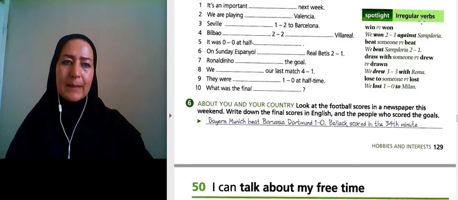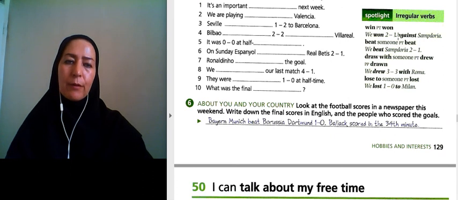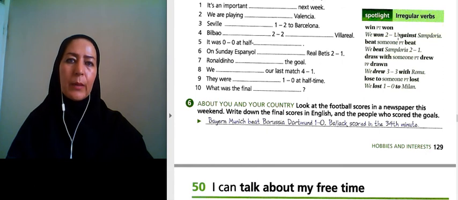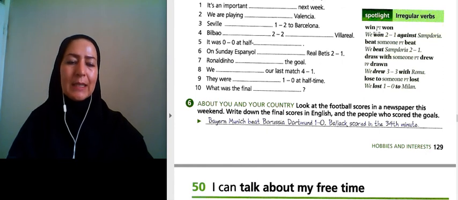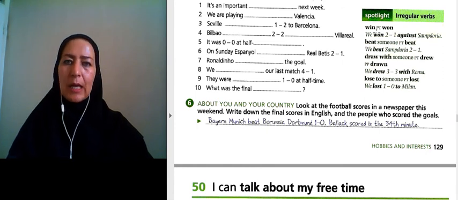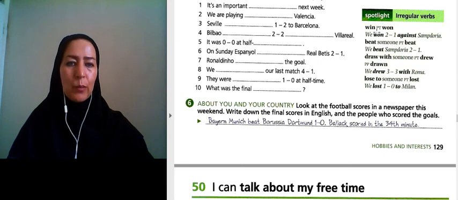Here about spotlight, there are some irregular verbs. As you know, we have regular and irregular verbs. Regular verbs are those where we add ed at the end of the verb.